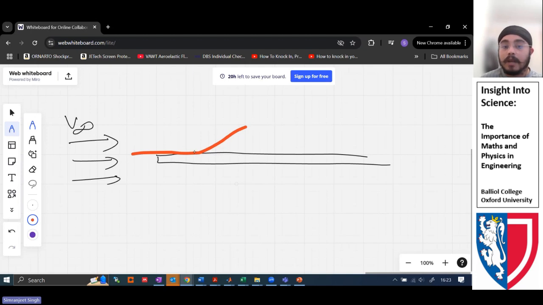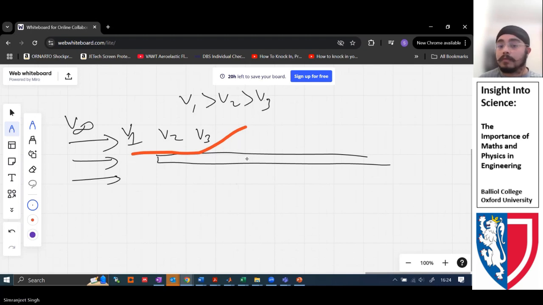So it separates because of the friction effects. It just slows down. For example, if the velocity of this air layer was V1, at this stage it's V3. V2 is somewhere in between.